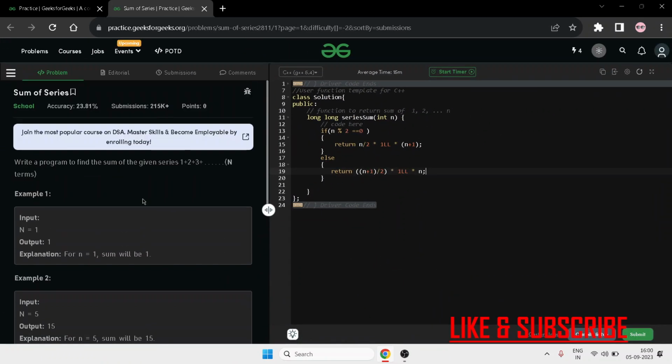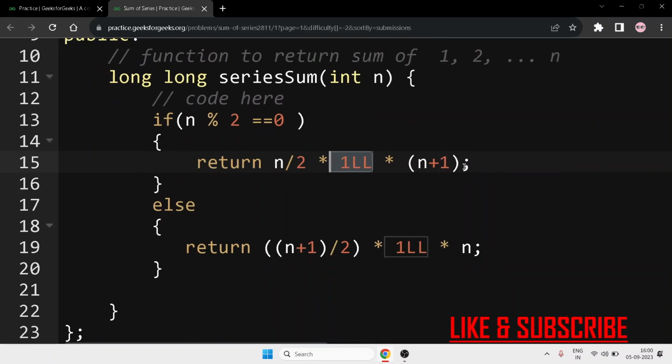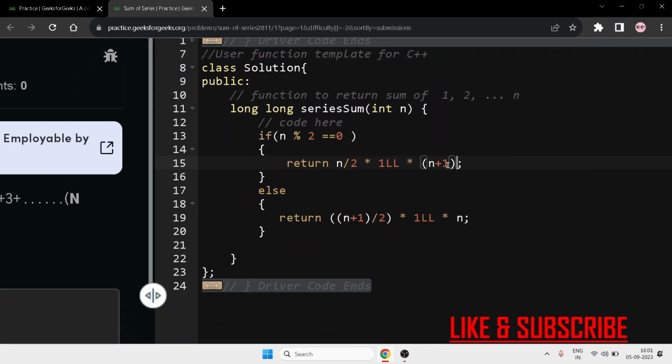Actually this solution is not that tricky, but this is the tricky part. If you change it to long data type at the last step, it won't give you a compilation error, but the test cases will fail, because first you calculate the result, then you change that result into long data type.